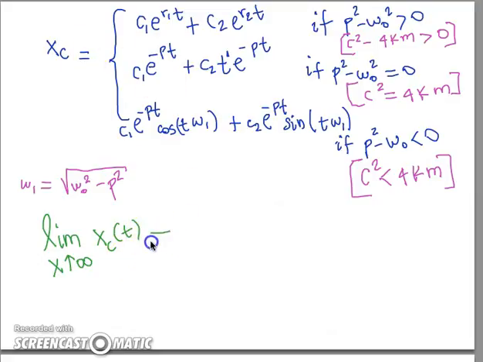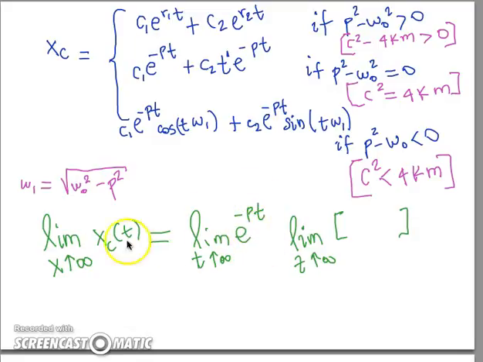In taking this limit, in all three cases, there will be a term e to the minus pt, where this p is a complex number with zero imaginary part, in fact a positive real number, and so there will be an expression of this type multiplying the limit of another expression in t.